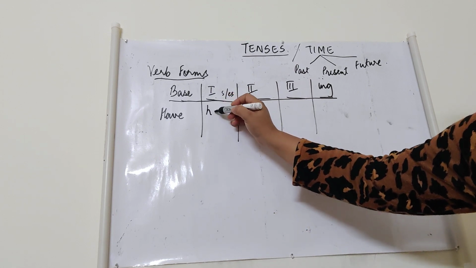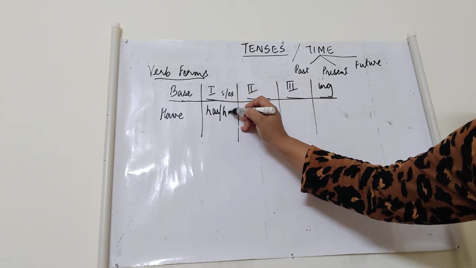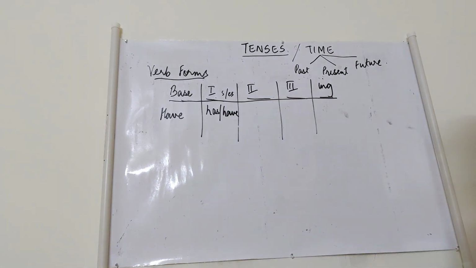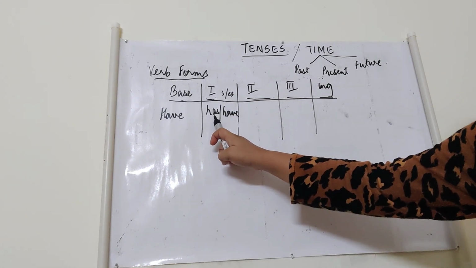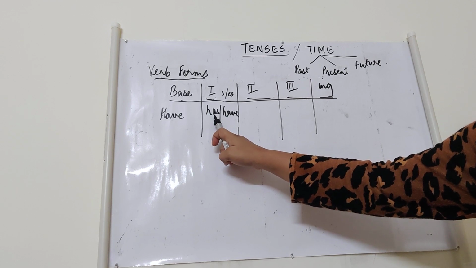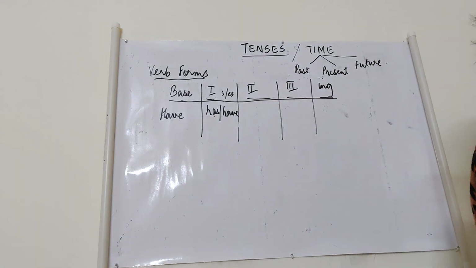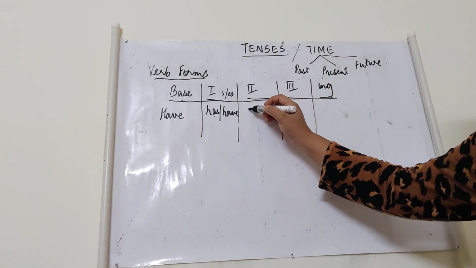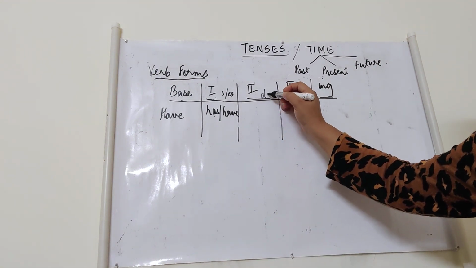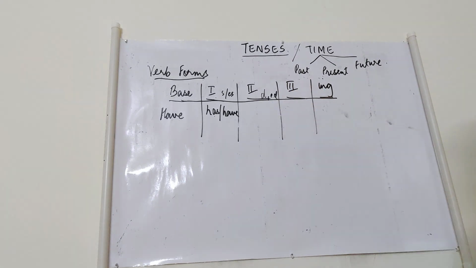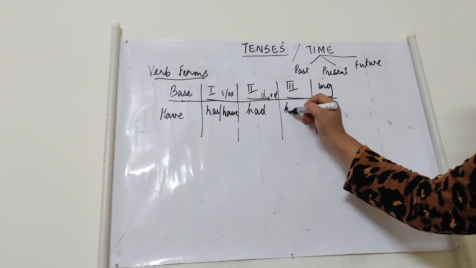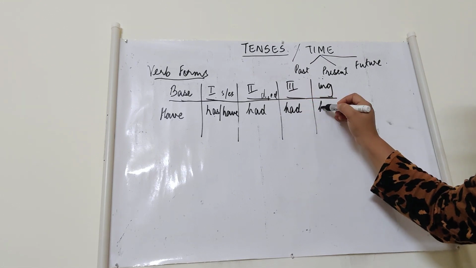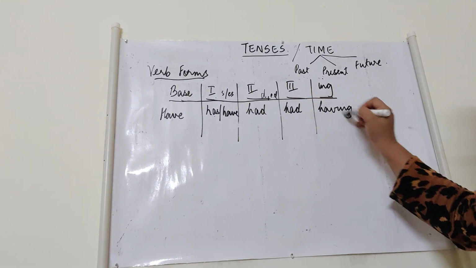So we say that the first form of have is has and have. Now, why are there two here? Because the singular one is used with the singular subject. The plural one will be used for the plural subject. Second form of the verb is made by adding d or ed. Okay, so have second form is had, third form is also had, and ing form is having.